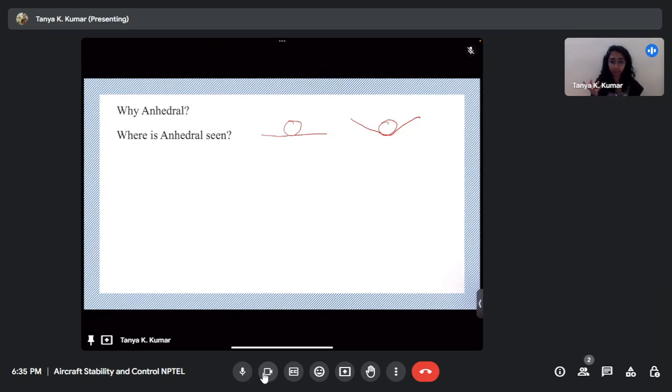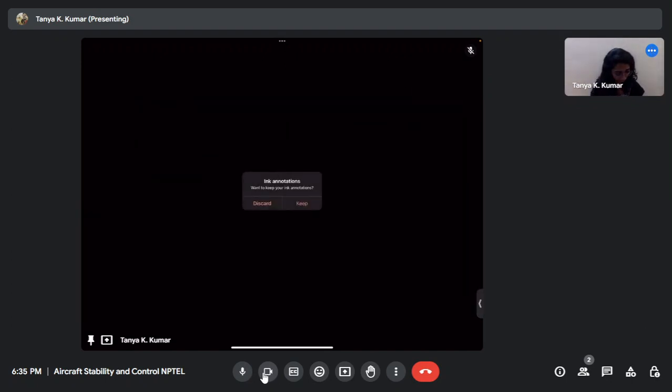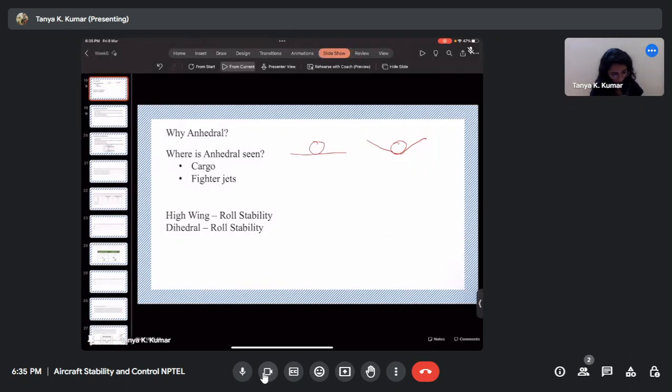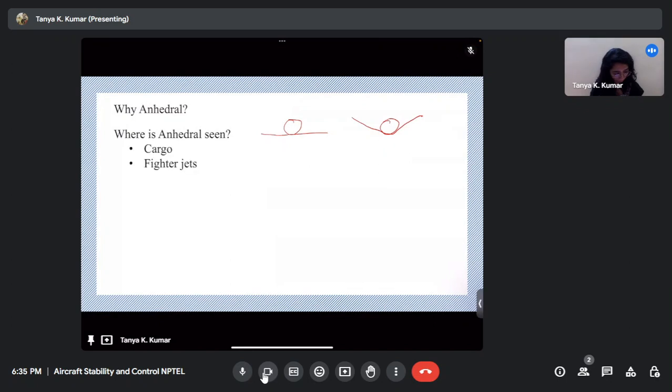So two types of aircraft in general. It's the cargo aircrafts and the fighter jets, right? Both these aircrafts are seen with the anhedral angle. What is an anhedral angle? So, where were we? So if you have a high wing, it is generally seen with an anhedral, right?